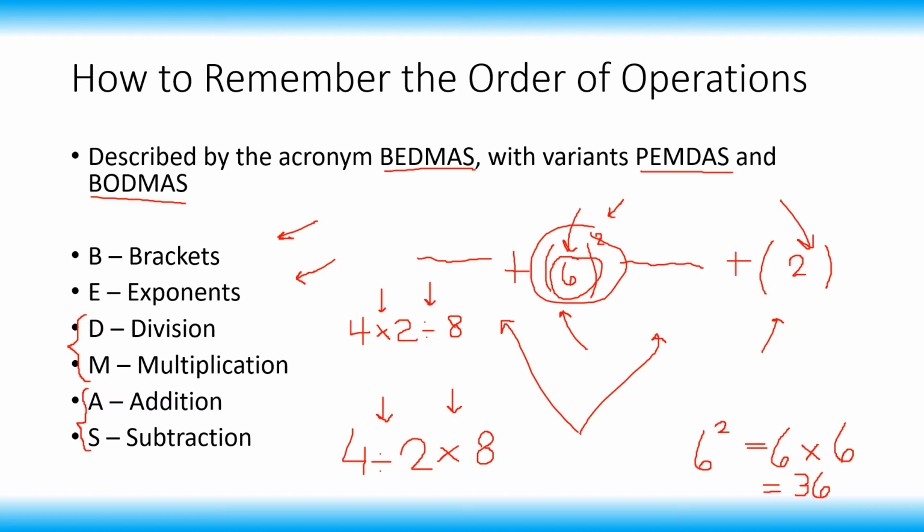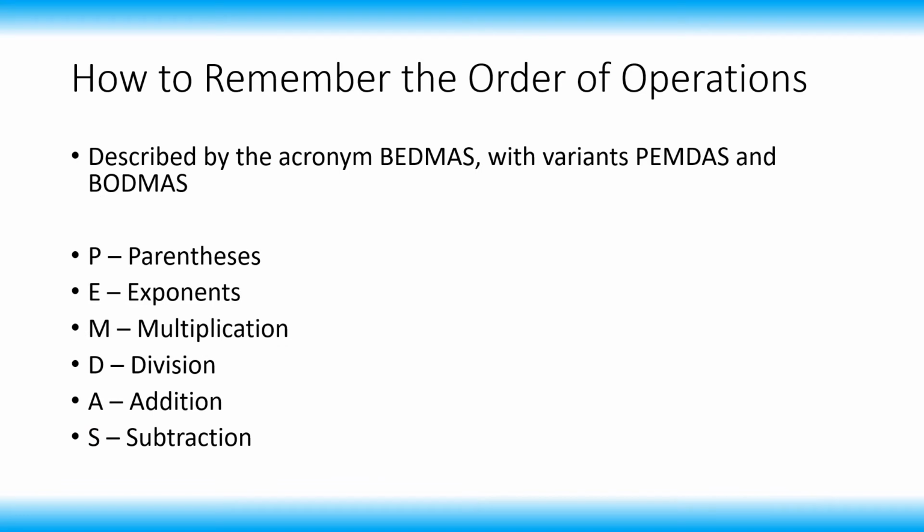So you just do the addition and subtraction in order from left to right, the same idea as with division and multiplication. So that's basically an explanation of BEDMAS.